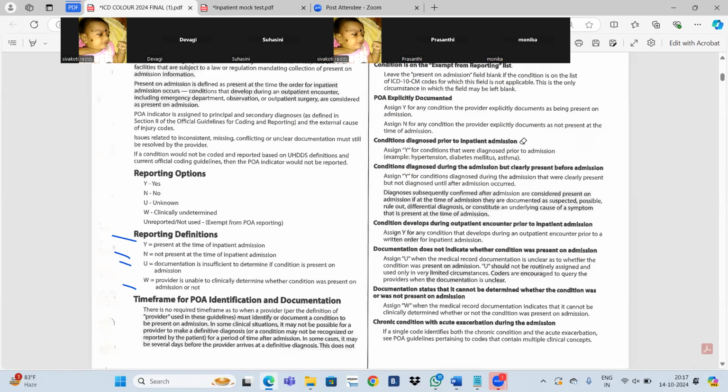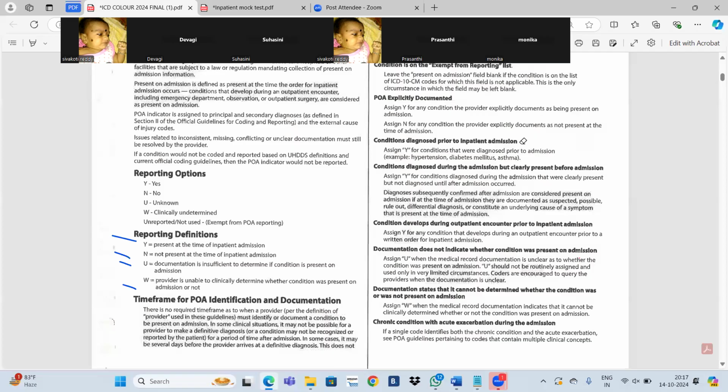They are clearly present at the time of admission because the history is mentioned, and history means the condition developed previously.